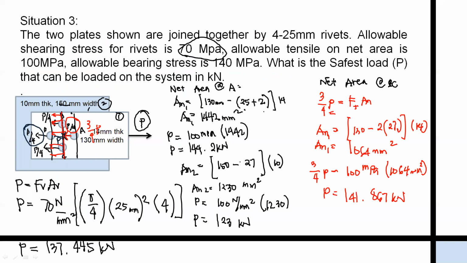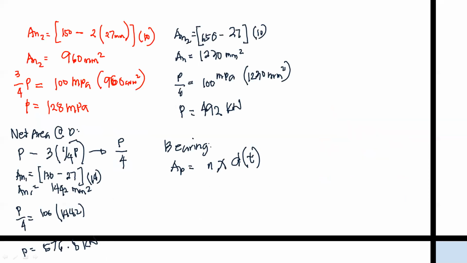The other one has a thickness of 14 millimeter and the other one has 10 millimeter thickness. So if we are to choose, we can also solve for both of them. But of course, the one with a smaller thickness would give us the most critical P. Of course, mas malaki yung value na makukuha natin from 14 millimeter. So, what we are looking at is the smallest value of P kasi iyon yung safest.